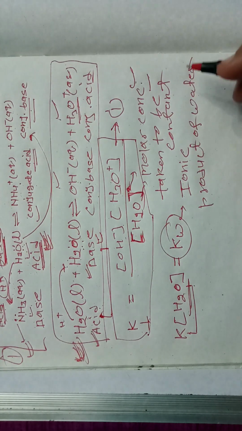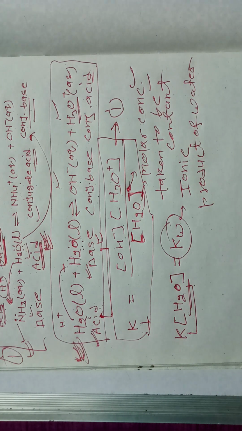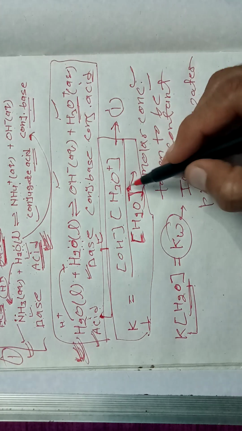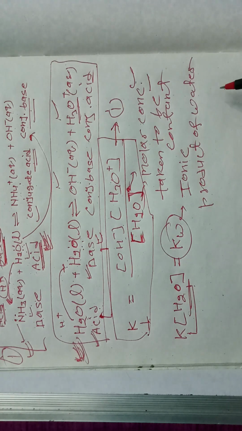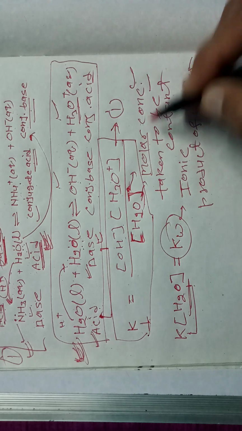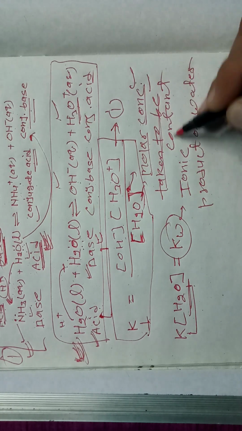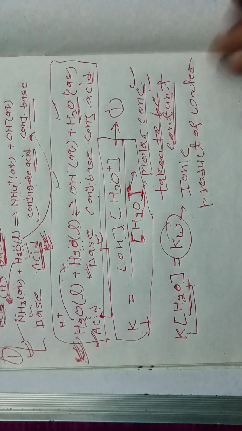Why? Because even in a single drop of water, there will be millions of water molecules, so no need to write the square. The second reason is that water is a pure liquid, so its molar concentration is taken to be constant. Okay, so no need to write the square.